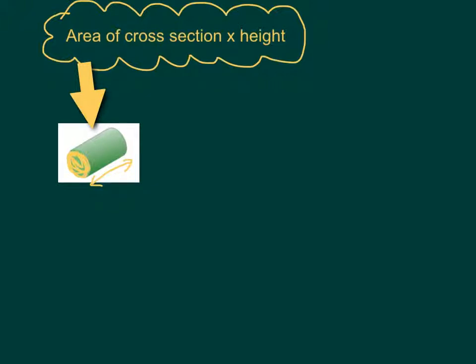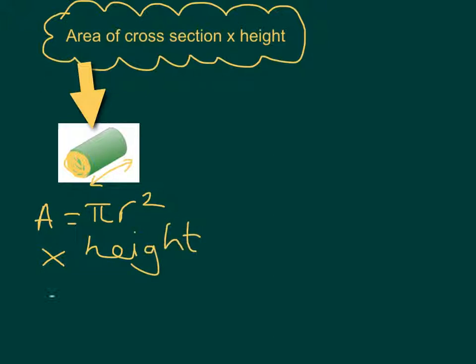Now we know that the area of a circle equals pi r squared. So we would just work out the area of that circle and then multiply it by the length or the height of the cylinder, which would give us the volume.